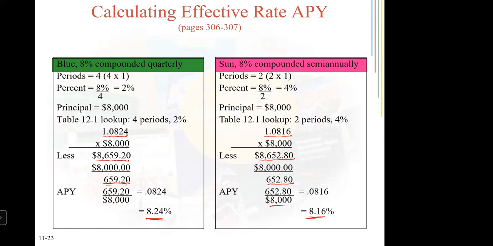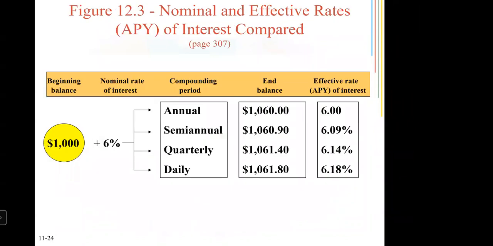So the annual percentage yield reflects a higher percentage for quarterly investment versus semi-annual investment. And you will notice, if you look at this table on page 307 of your text, what can you conclude by looking at this table and what we just did?